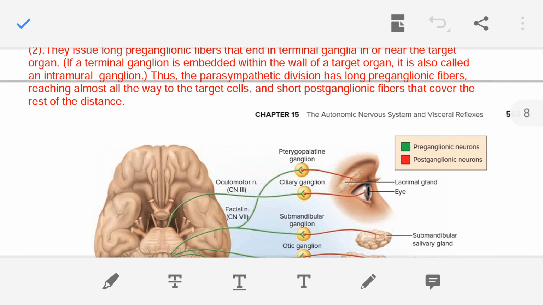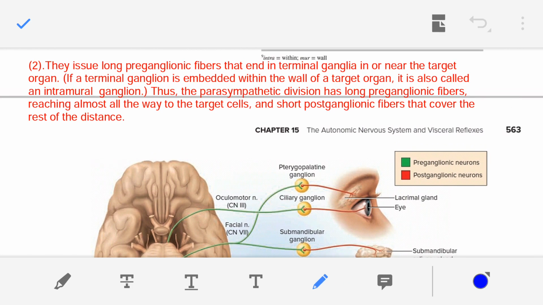Now this is the second point. See, in parasympathetic nervous system, the preganglionic fibers are long, and these long preganglionic fibers end in terminal ganglia, or end near or inside the target organ.